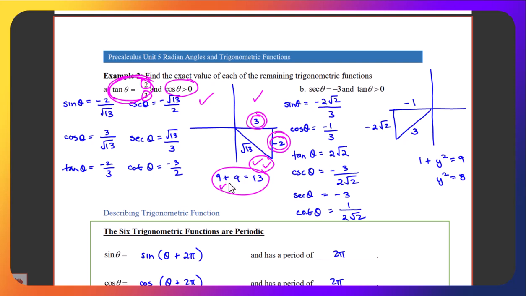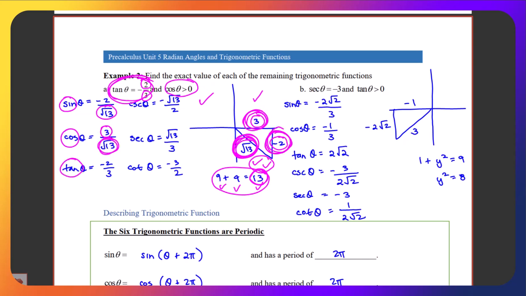A squared plus b squared equals c squared. If c squared is 13, c then has to be root 13. Like I said, the hypotenuse is always positive. Sine is y over r. Cosine is x over r.